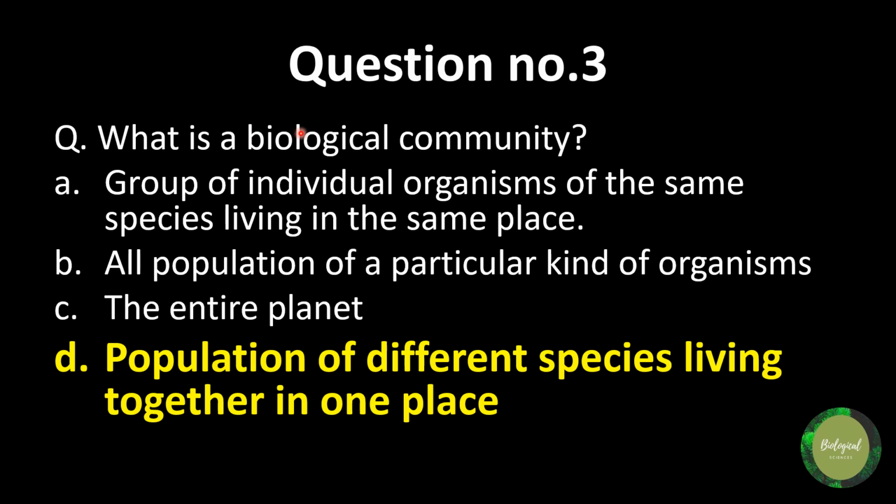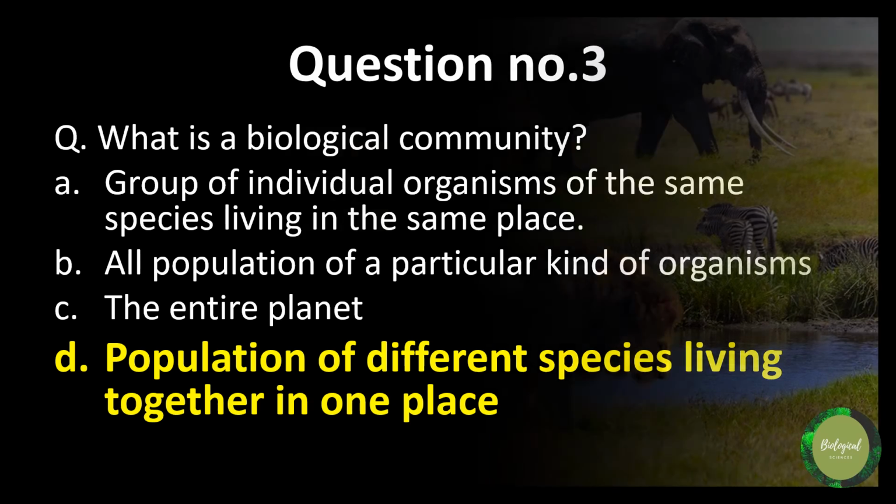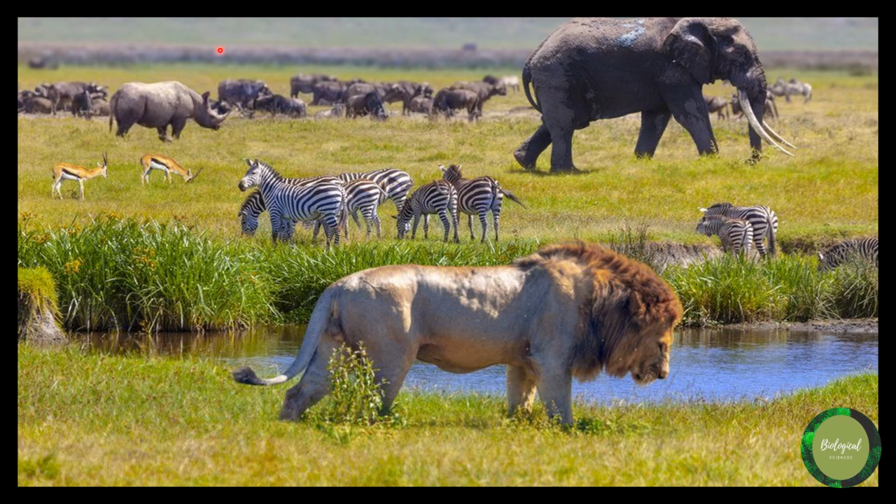Next is, what is a biological community? So biological community is actually a population of different species living together in one place. You can see here in this picture, rhino, buffaloes, elephant, zebra, deer, lion, all together in one place, because these are the animals which live in a certain kind of forest, right?